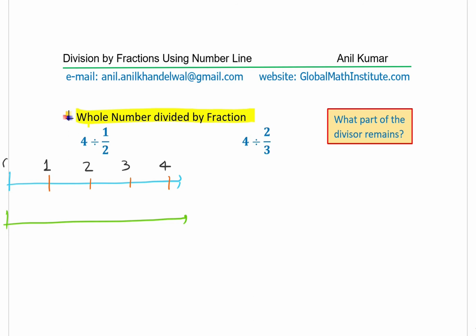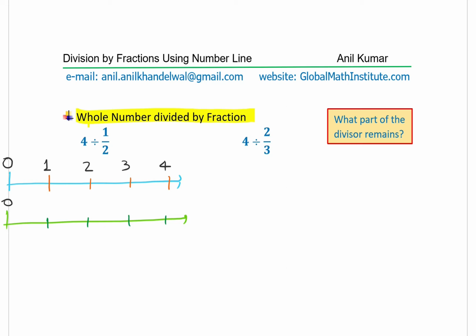Correct? Always starting with 0. And in this case, again, we have 4 divisions, 1, 2, same number line, right? We are using the same scale. Now, we are dividing 4 by half.